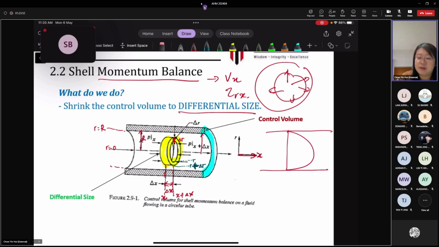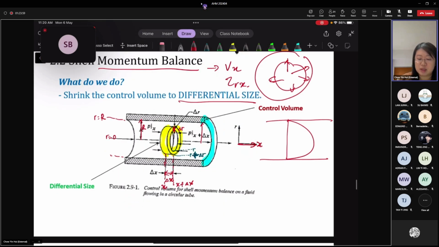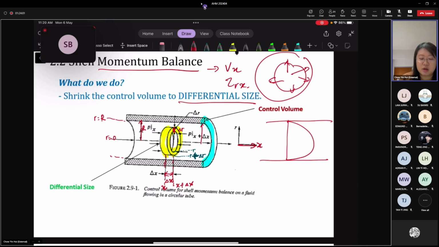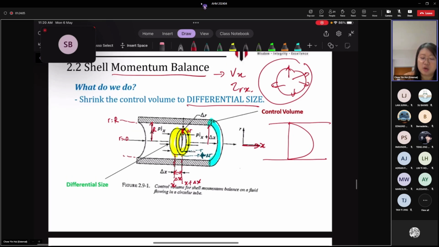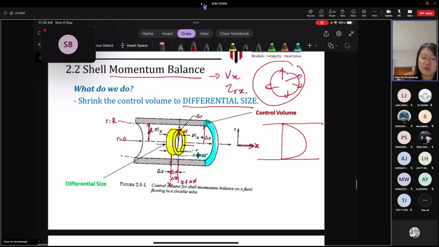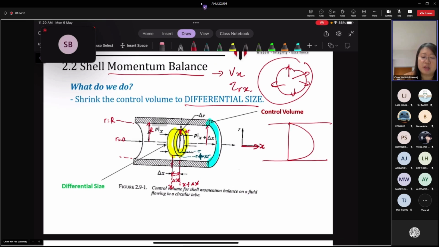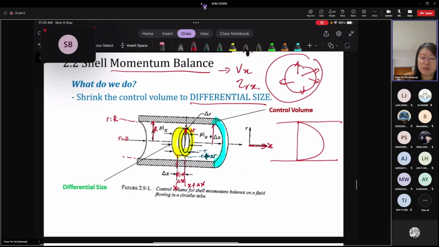I will not elaborate further first, because this is just a quick introduction on how you shrink the control volume to a differential size. We will be formulating the velocity profile using shell momentum balance according to this cross-section area.